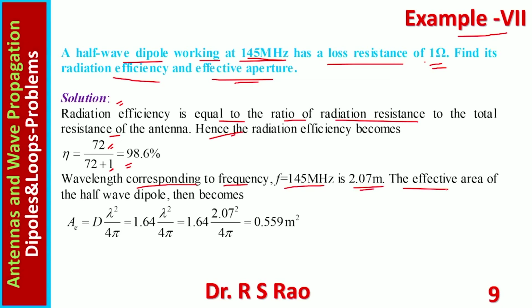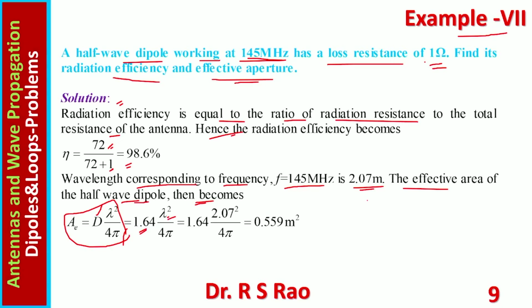So the effective area of the half-wave dipole is, this is a standard formula, effective area is D multiplied by lambda square over 4 pi, a formula valid for any antenna. In the present case of a half-wave dipole, directivity is 1.64.